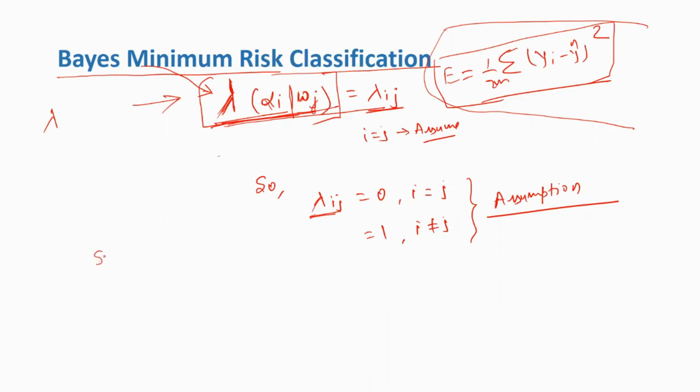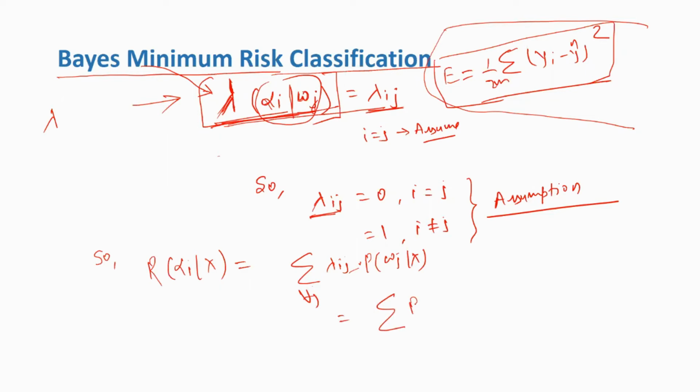according to that, the risk function R given x is actually given by lambda ij into the probability of omega j given x, which we had defined, for all values of j. Can we also write this as the summation of probability of omega j given x for all j not equal to i?